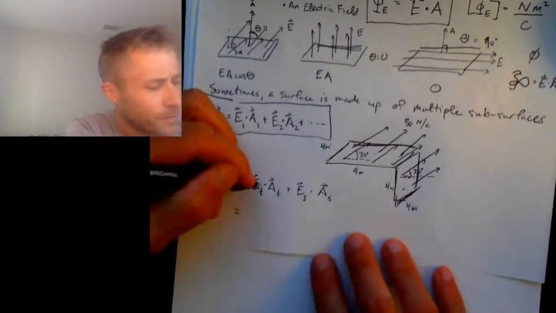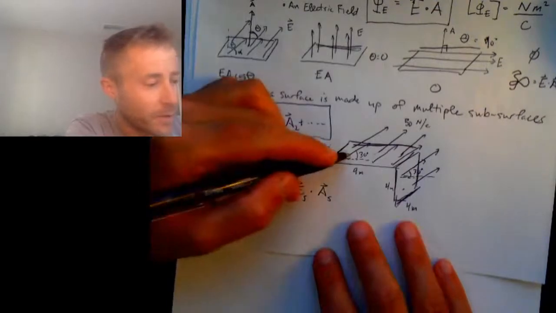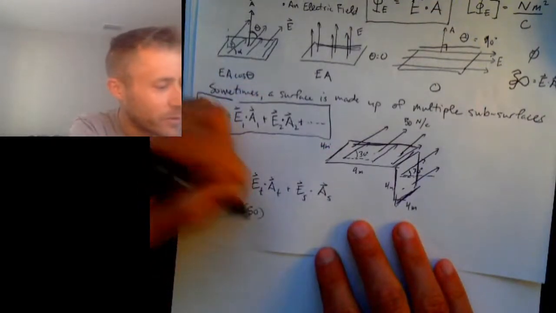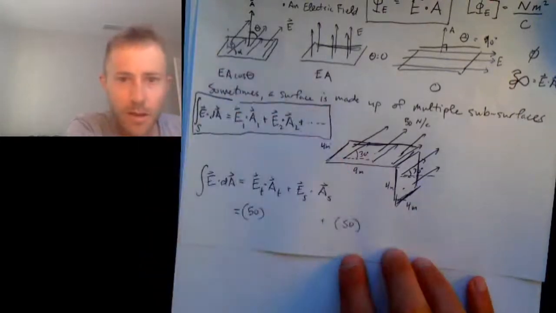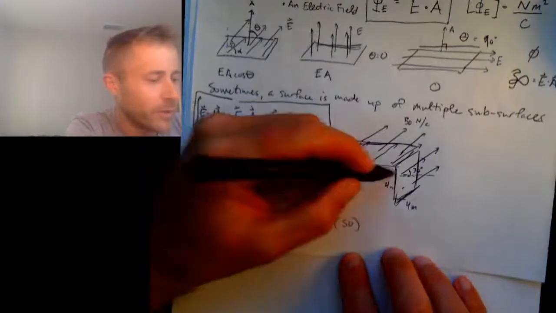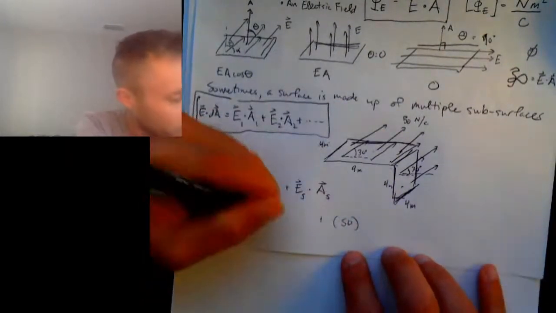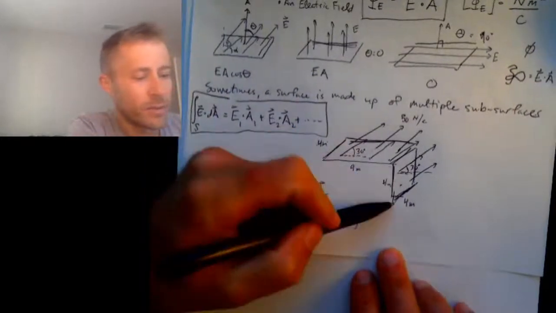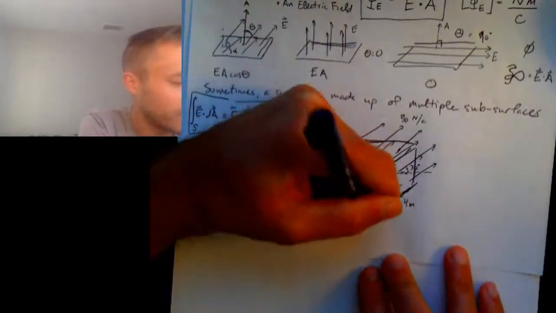The electric field is the same on both of them. So it's going to be 50 is the electric field plus 50 is the electric field. The area of the top face is 4 by 9, so 36. The area of this face is 4 by 4, so 16.